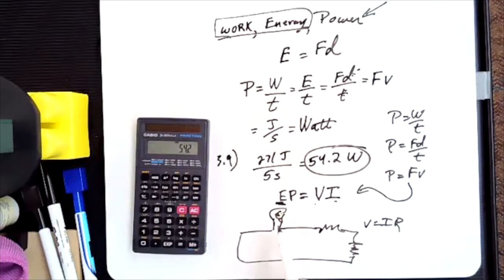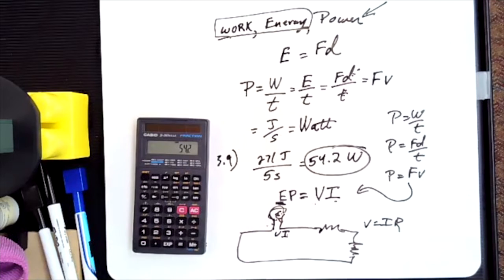You can also figure out how much voltage drop happens over different things, right? So now you put that together. If I figure out the voltage drop across this device right here, and I also know what the current is going through it, I can multiply that current times the voltage drop and figure out how many watts of power this light bulb is pulling.